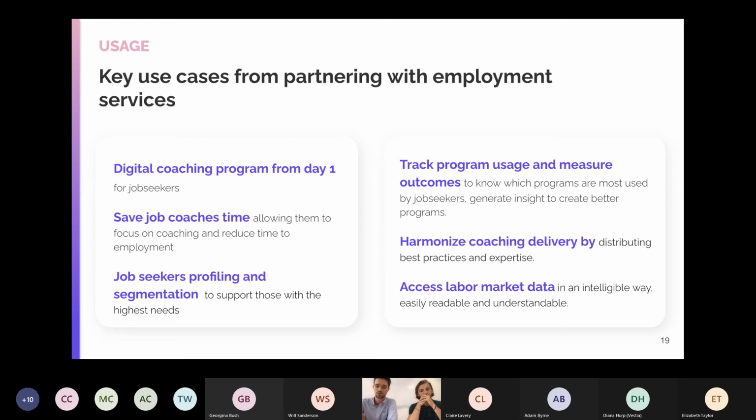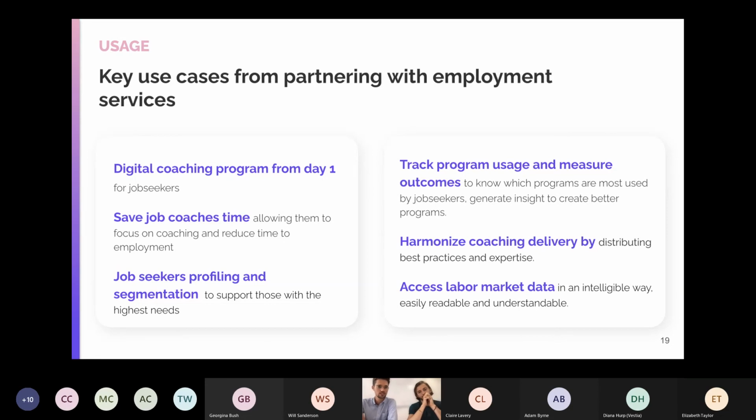There's usually a 3 months delay between the first registration and the moment when you get your action plan. It also allows saving job coaches time by giving them access to useful data and useful resources in one place and in a way that's contextualized to the specific situation of the job seeker and the coach.